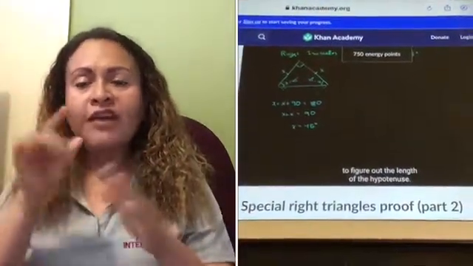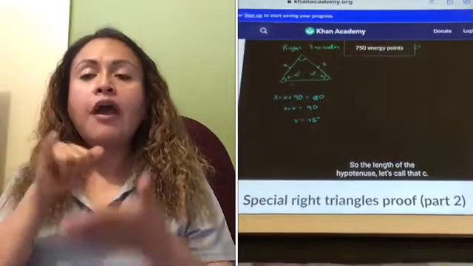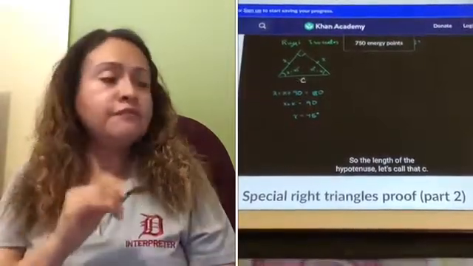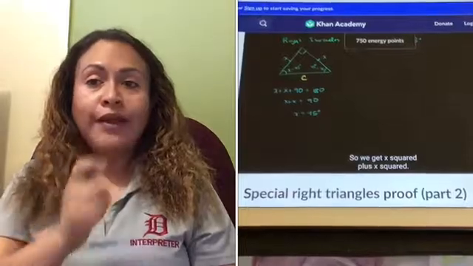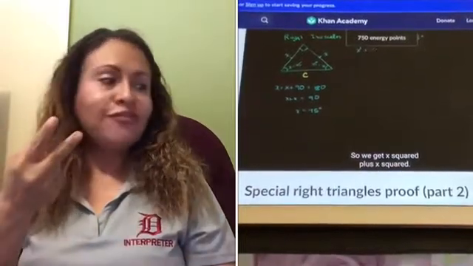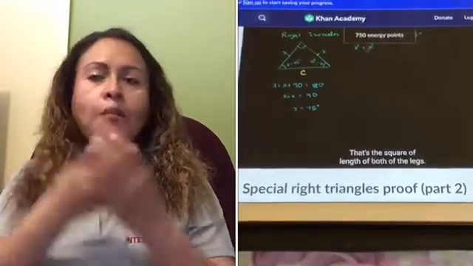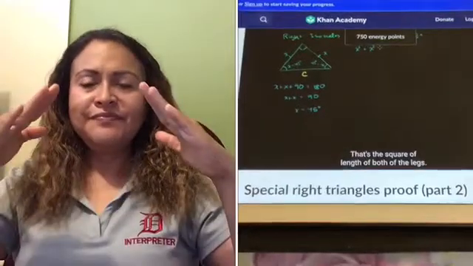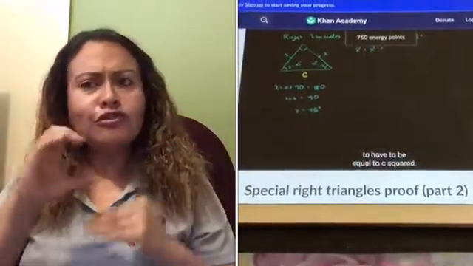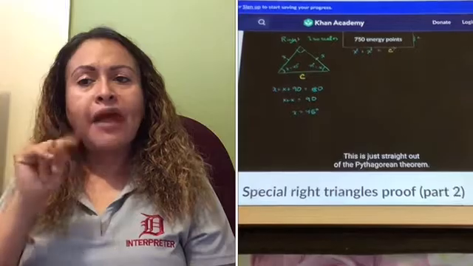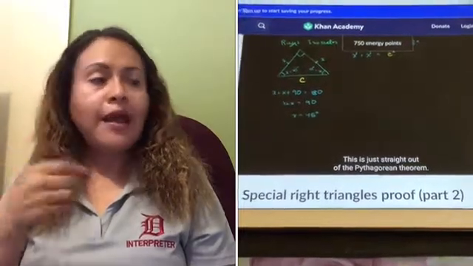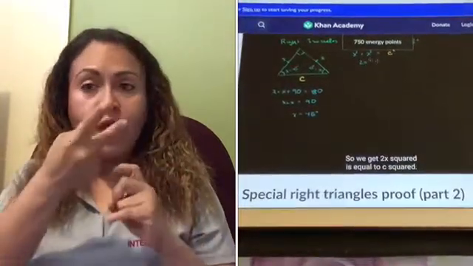So the length of the hypotenuse, let's call that c. So we get x squared plus x squared. That's the square of the length of both of the legs. So when we sum those up, that's going to have to be equal to c squared. This is just straight out of the Pythagorean theorem. So we get 2x squared is equal to c squared.